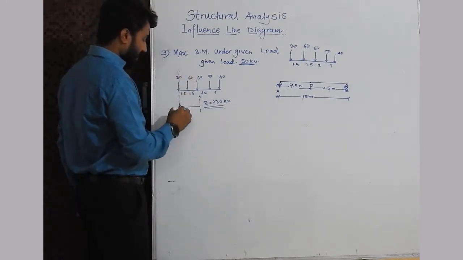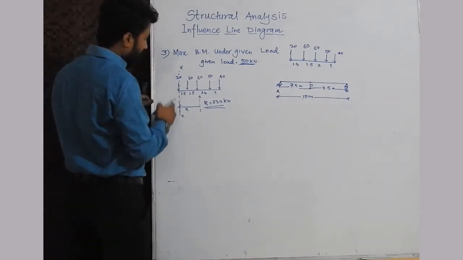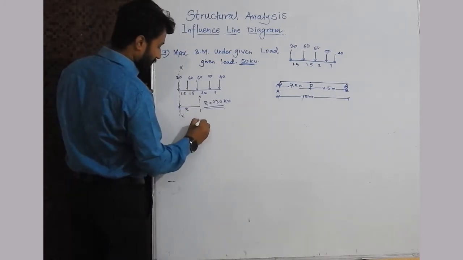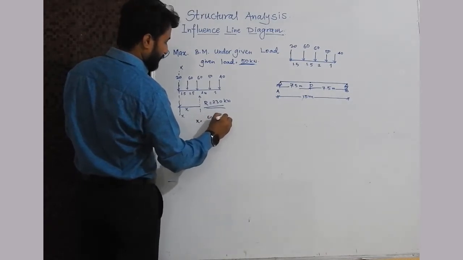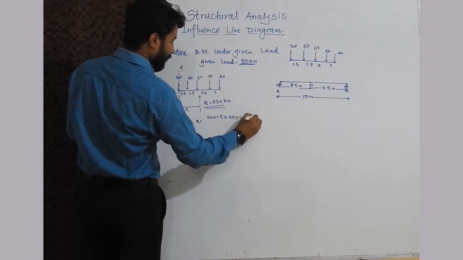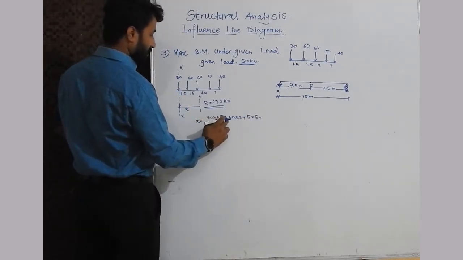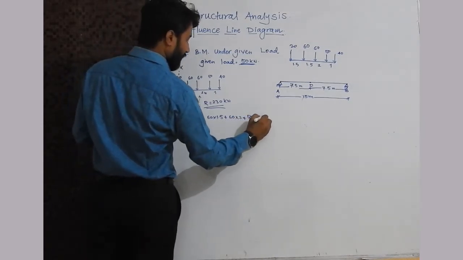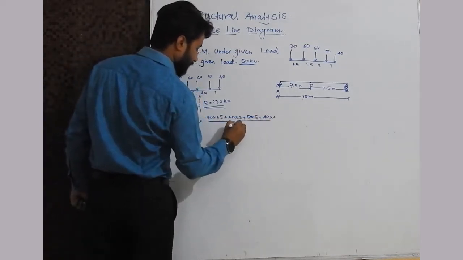So if we take this 20 kilonewton load as the section, we will apply the moment of all these loads about this point. So x is equal to 60 into 1.5 plus 60 into 3 plus 50 into 5 plus 40 into 6, divided by this 230.